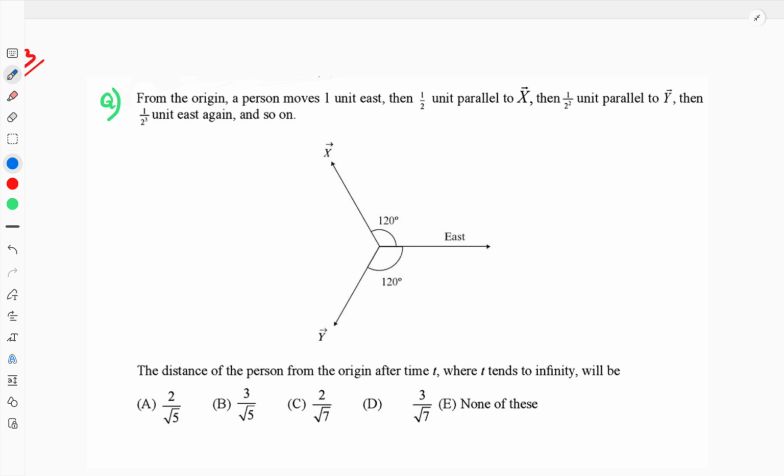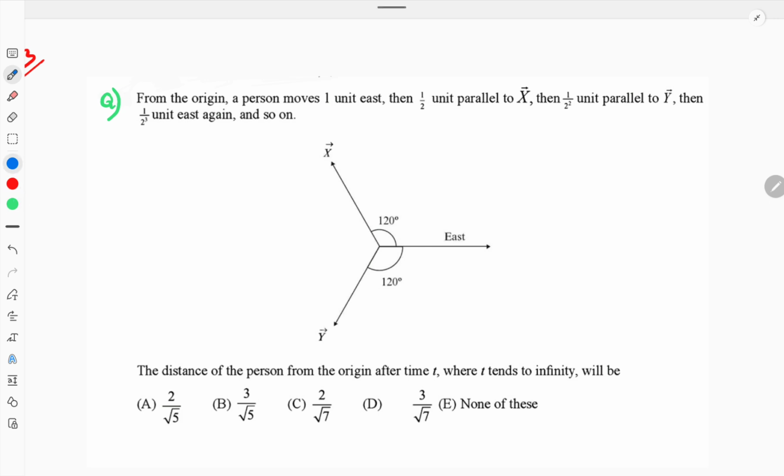So the idea of approaching complex numbers from this question is that it is given that there is 120 degrees between the two rays, the pair of rays. So first let us understand the question here.